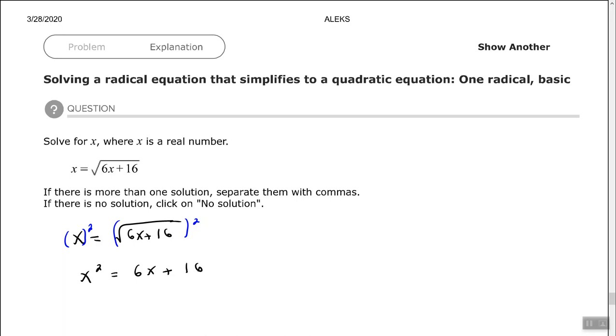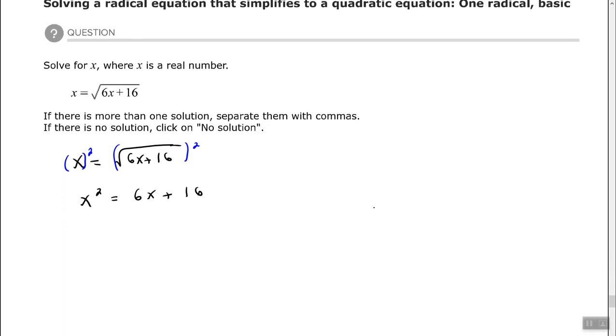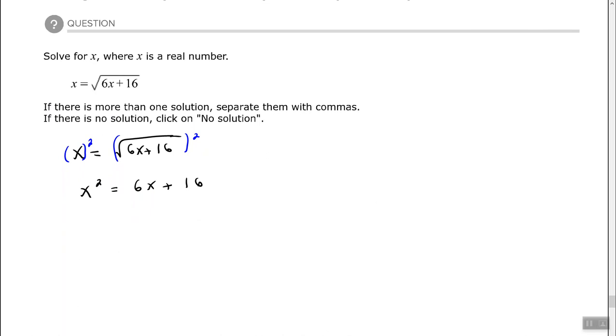From here, we want everything on one side, and we want that x squared to stay positive, so we need to move the 6x and the 16 over to the left-hand side. Since both of them are positive, I'm going to subtract both of them over to the left-hand side.